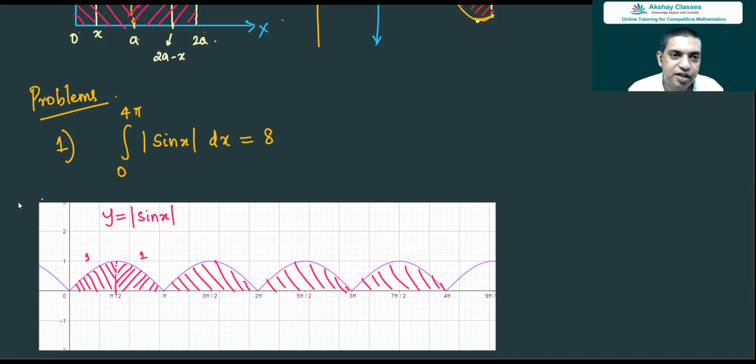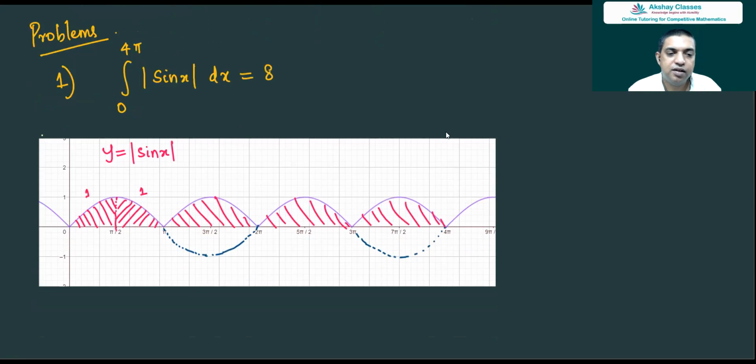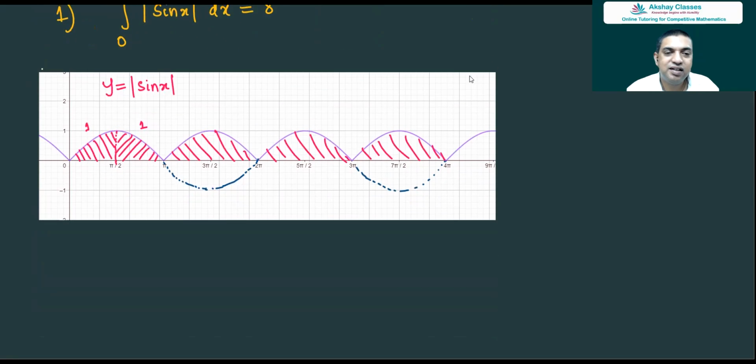All right. Otherwise, if you don't have to do it graphically, then it will look like this. This is sin x from pi to 2 pi, and then from 3 pi to 4 pi, it will be negative. So this has to be split like this.